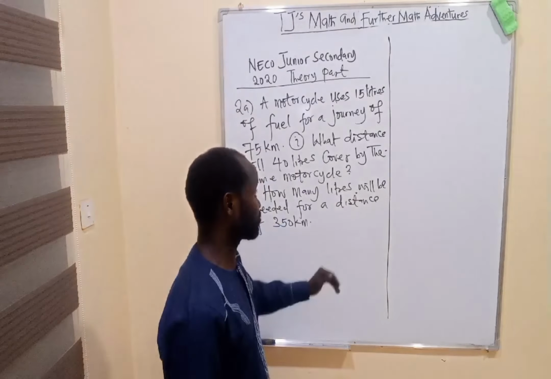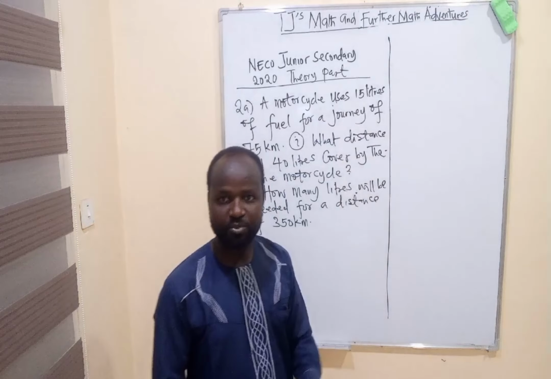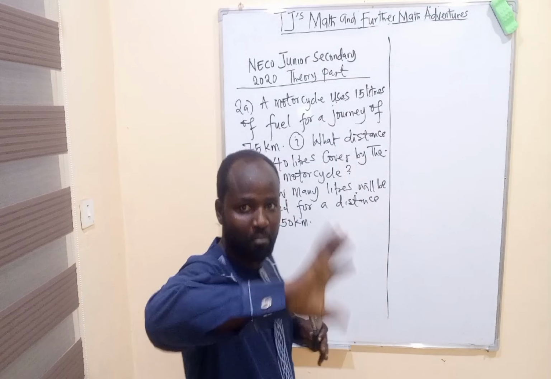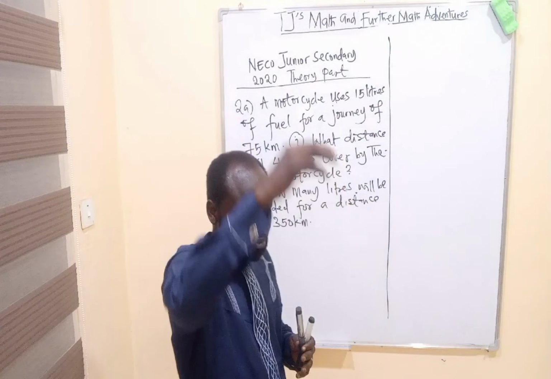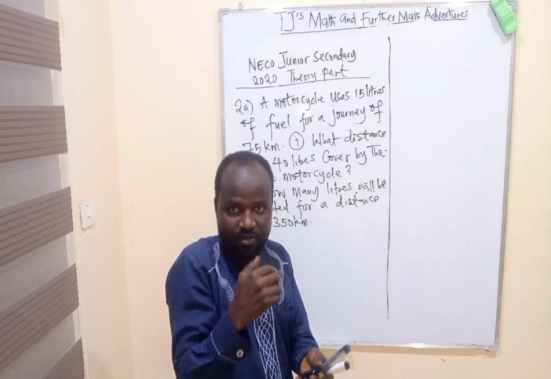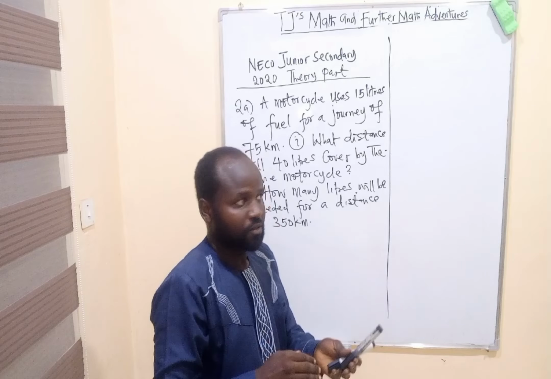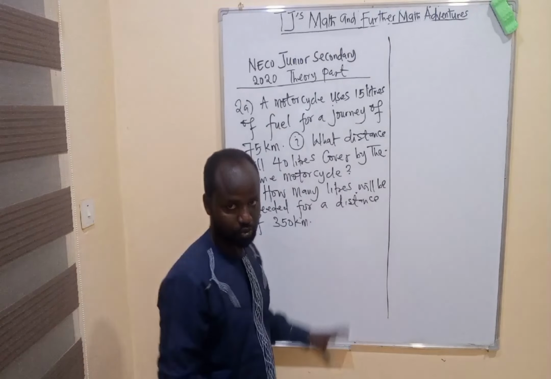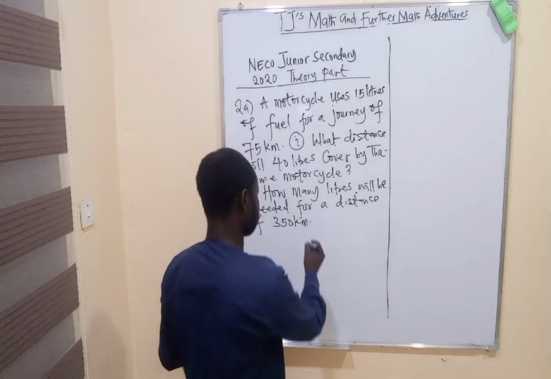When we increase the liters of fuel, we'll cover more distance. When we reduce the number of liters, we'll cover a shorter distance. So this is direct proportion. Okay? So let's look at how we can solve it.